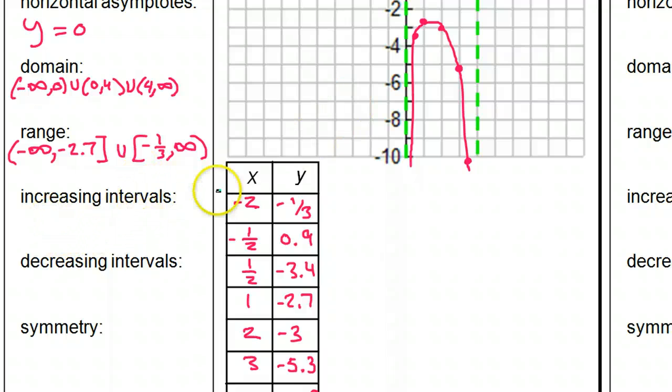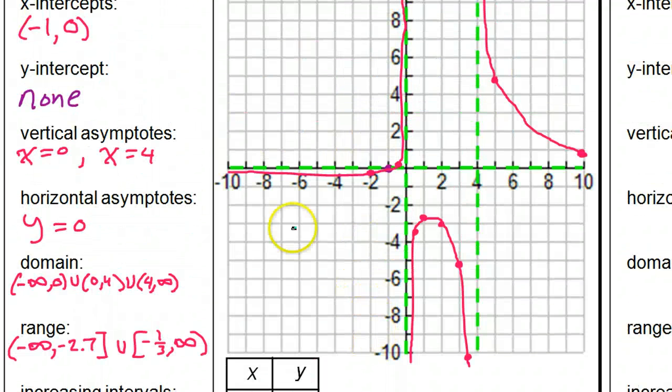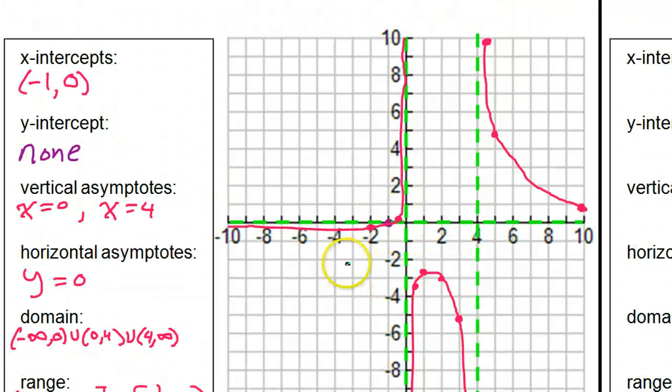Now, increasing and decreasing intervals. Technically, this dips down a little bit before it goes back up again, but I'm going to ignore that. Because we're rounding and estimating, it's impossible for me to nail down how far it dips and where it starts going back up. We don't know, but it's a very small dip anyway.